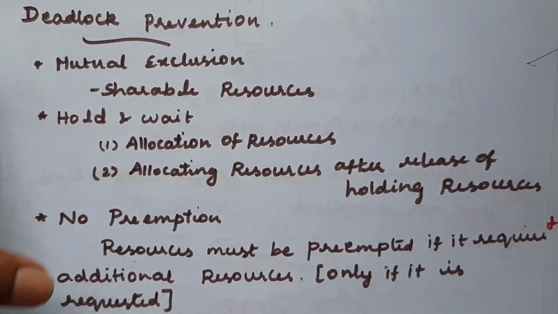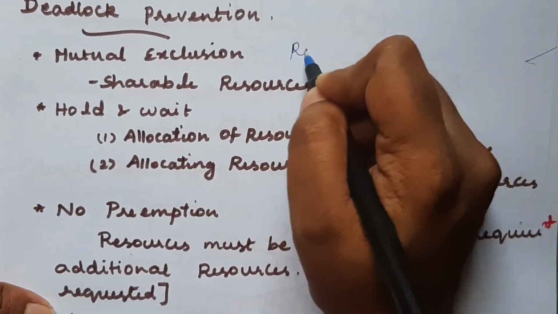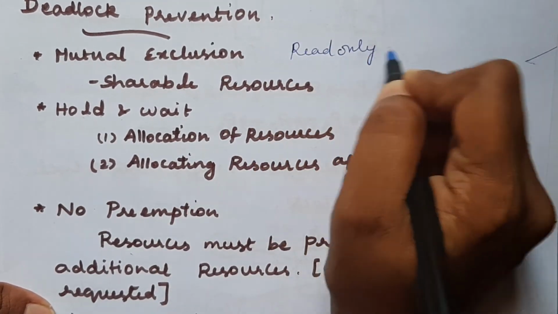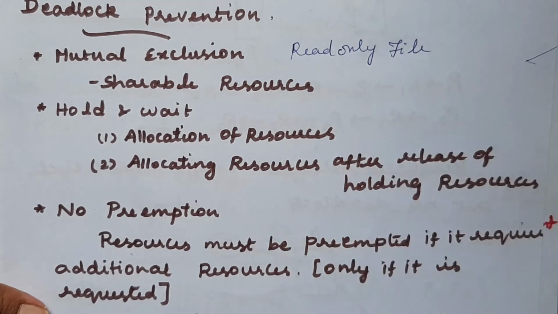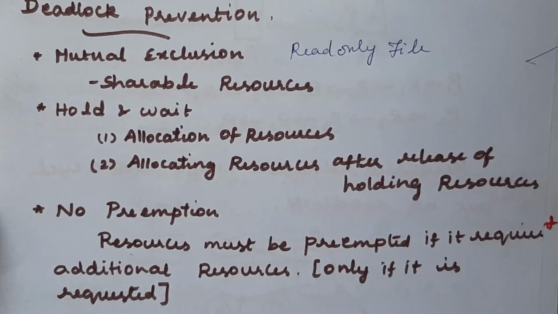We will see one example for shareable resources. A read-only file is an example of a shareable resource, because the file can be read by any number of processes at the same time. That is possible because we can allow read access to any number of processes.